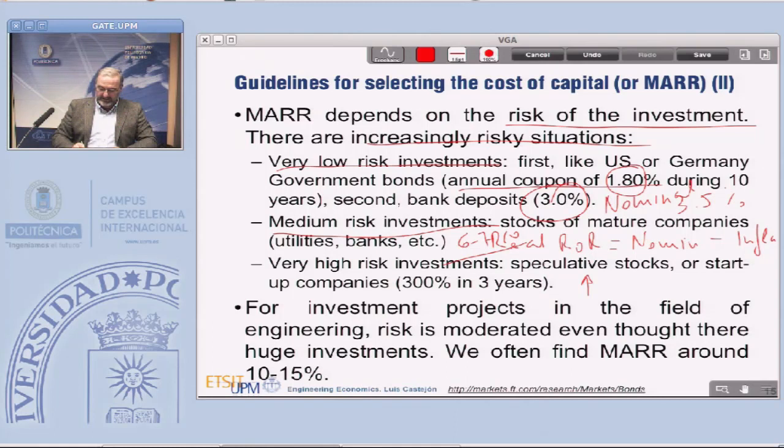As high is the rate of return you expect, as high is the risk. So the trade-off is clear. And then if you want to get 10, 12, 15, 20, 30% every year of return of your portfolio, you have to go for very high risk investment, like speculative stocks.